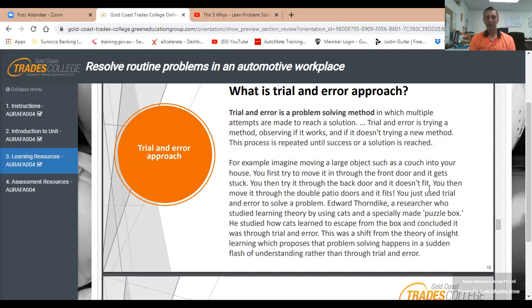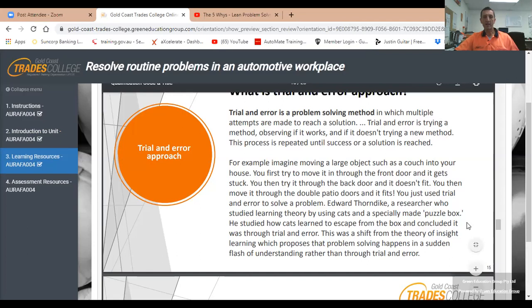A gentleman called Edward Thorndike was a researcher who studied learning theory by using cats and a specially made puzzle box. He studied how those cats learned to escape from the box and concluded that it was through trial and error. It was a shift from the theory of insight learning, which proposes that problem solving happens in a sudden flash of understanding rather than through trial and error.